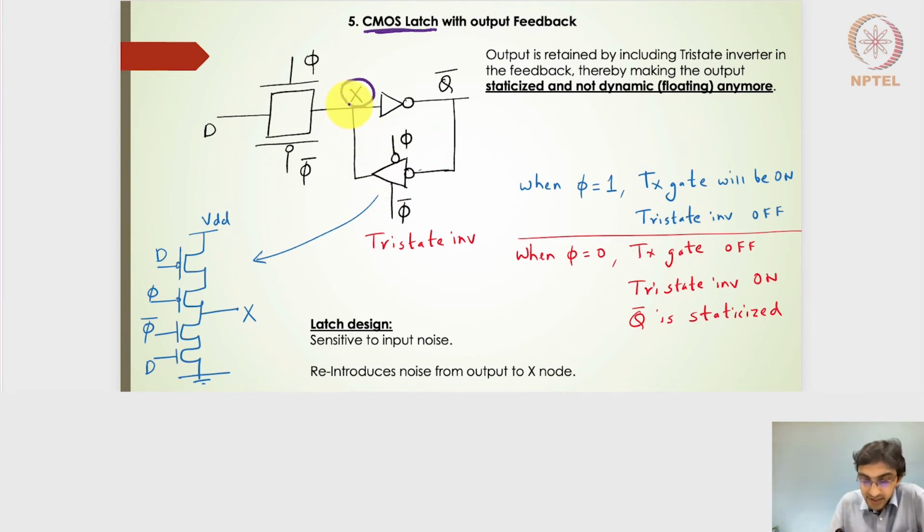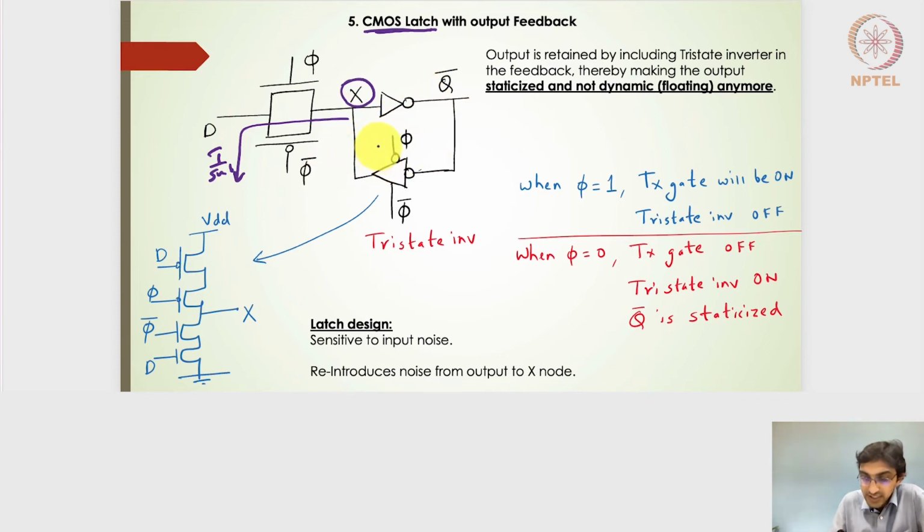Remember that in our previous case, X was a floating node, and the voltage at the X node used to get dropped due to the subthreshold leakage current when it was in an opaque mode, when it was supposed to retain the output node voltage for a longer duration. We realized that the X node can get dropped.